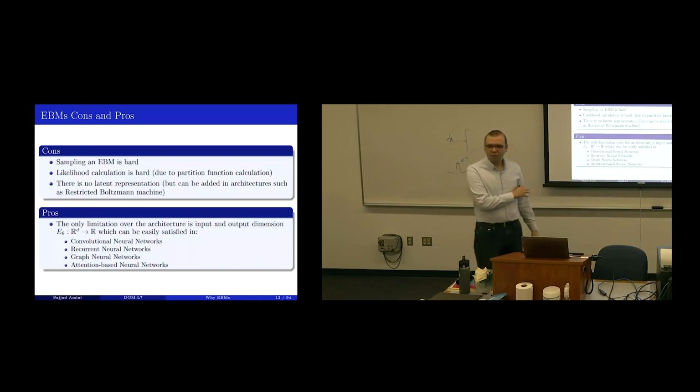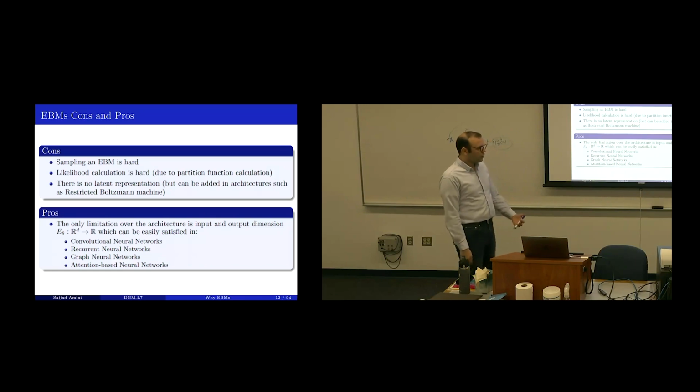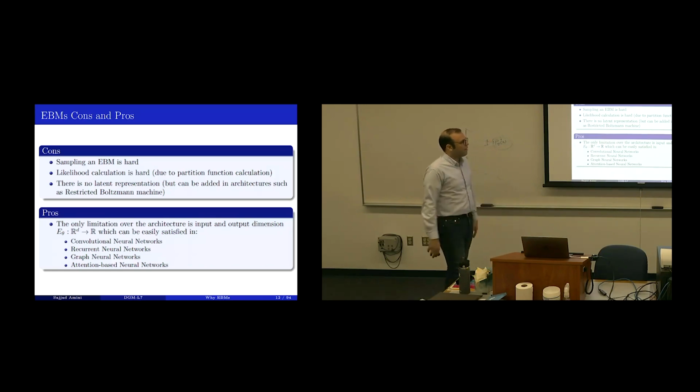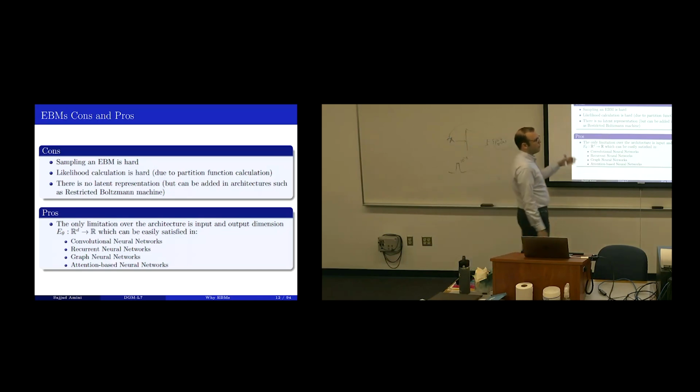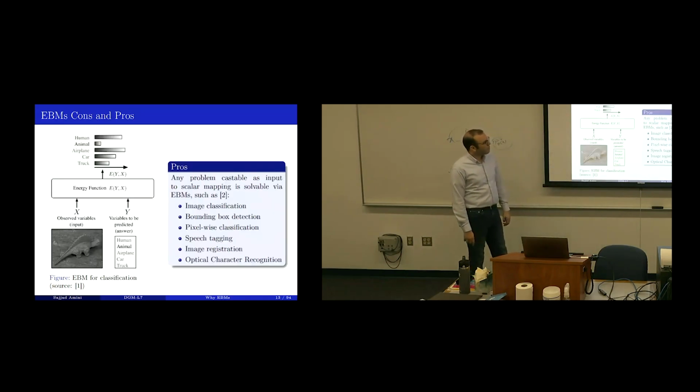The input is in R^D, the output is a real valued number. So there is a lot of work in this direction. And you will see that at the end of the EBM, we will transfer to diffusion models. It means that starting from EBM, we'll convert to something like diffusion.